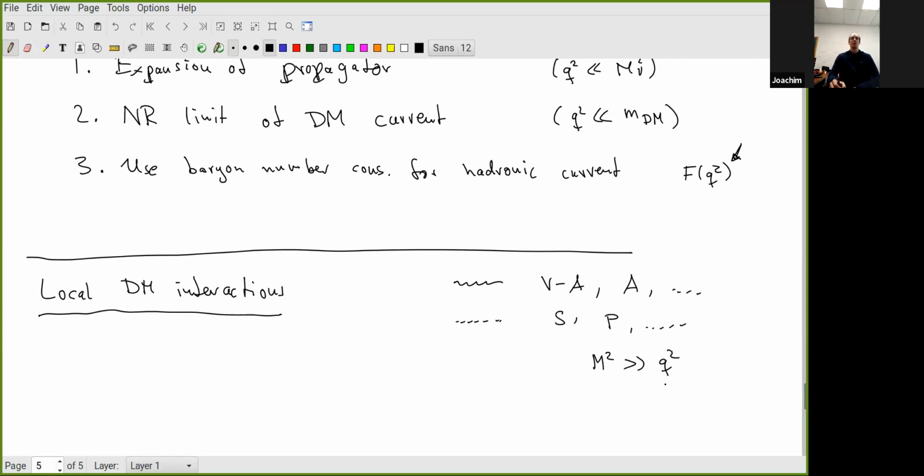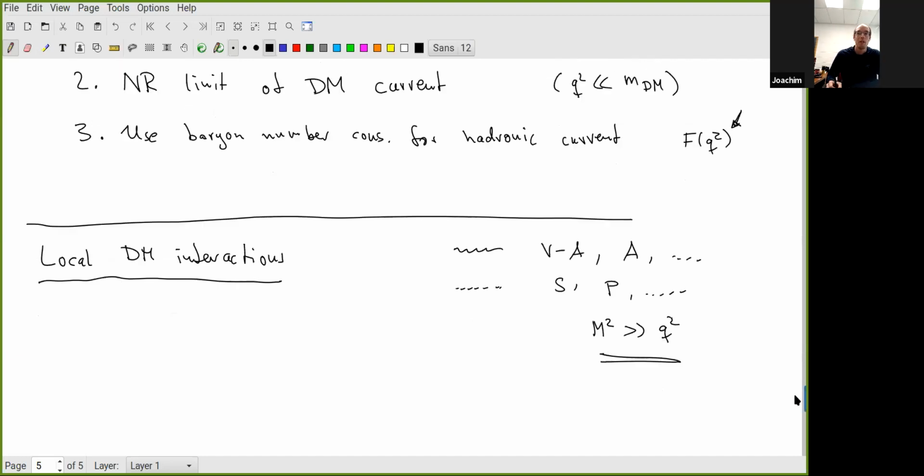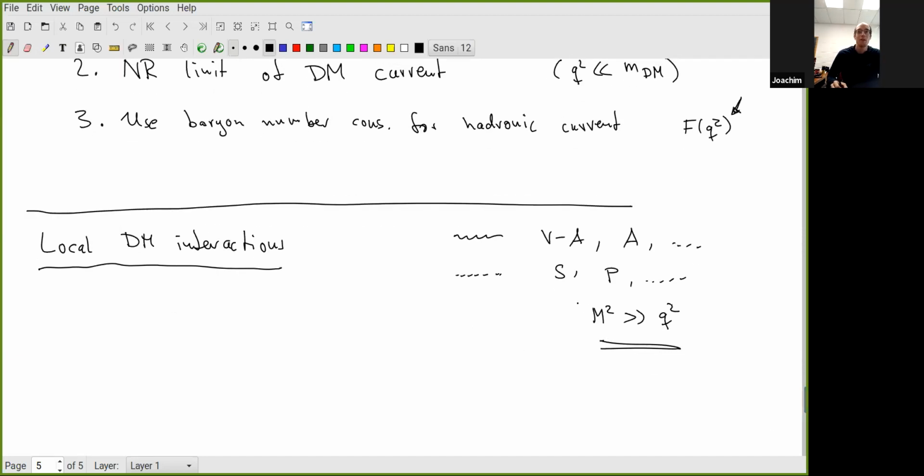That's one of our assumptions, and I think it's a very good assumption, because we haven't seen any of these mediators. Unless the couplings are extremely tiny, they must be heavy enough so that we didn't see them at colliders. So that's a reasonable assumption.